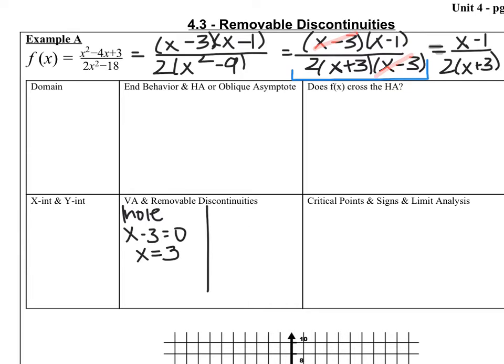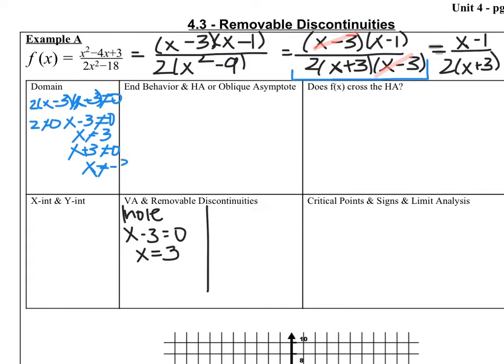So my denominator can't be 0, so 2 times x minus 3 times x plus 3. 2 can't be 0, well that doesn't equal anything. X minus 3 can't be 0, so x can't be 3. And then x plus 3 can't be 0, so x cannot be negative 3.